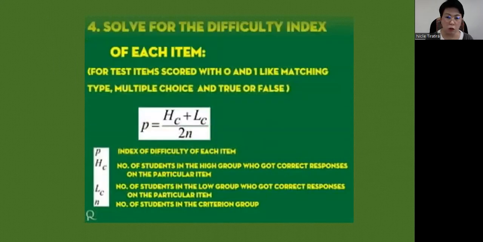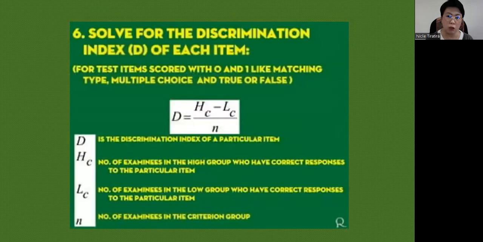Okay, so now let us go for the computation of the discrimination index, using the same procedure. You need to count 30% of those who got the top scores and the bottom scores, so that would be 18 for the 60 total respondents. Again, you need to get the proportion for the upper and lower group, and you subtract them over n.